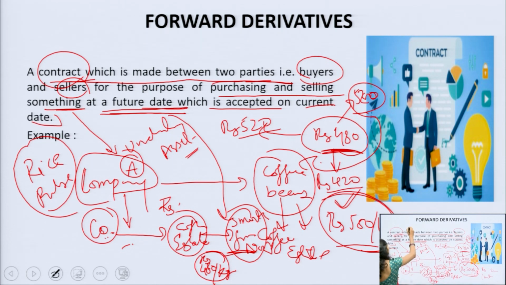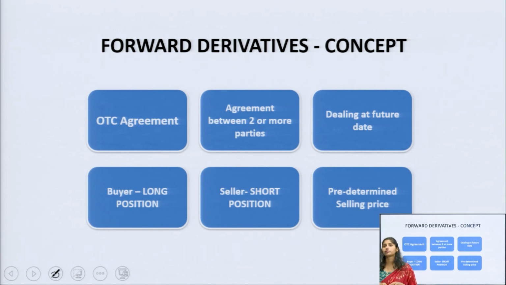And also metals, they can make a contract with respect to metals also. So all these things are included, like coffee beans. Next is basically the forward derivative concept, the OTC agreement.